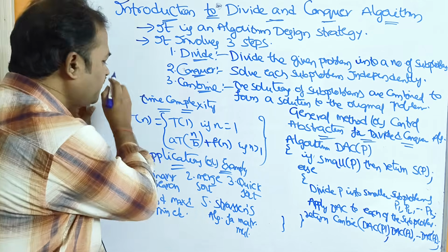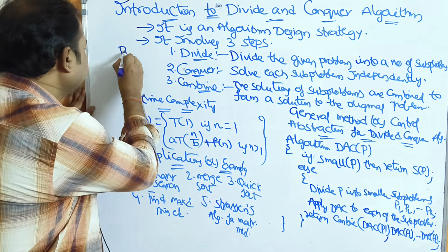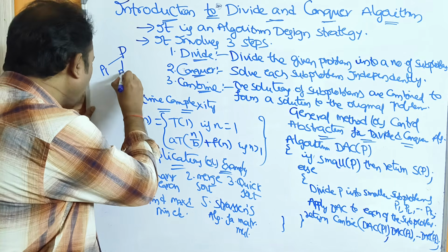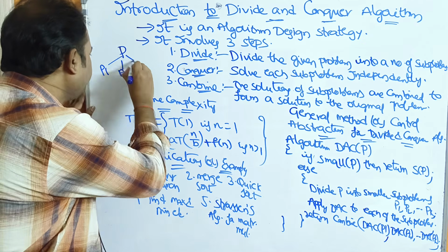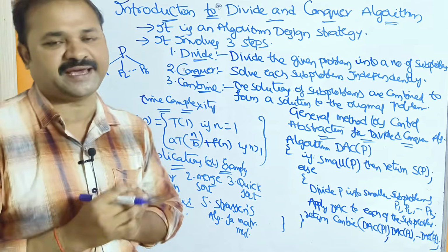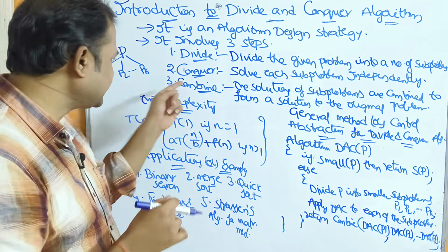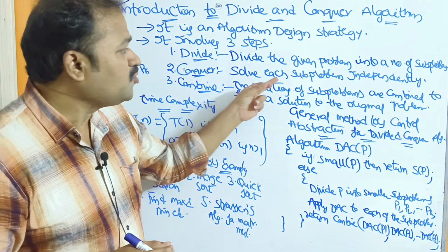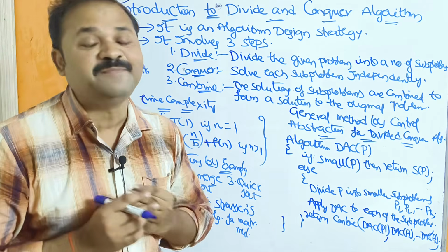Let's say we have a problem called P. Then this problem will be divided into a number of sub-problems such as P1, P2, P3, and so on. Let the last sub-problem be Pk. And let's see the second step, that is conquer. Solve each sub-problem independently.